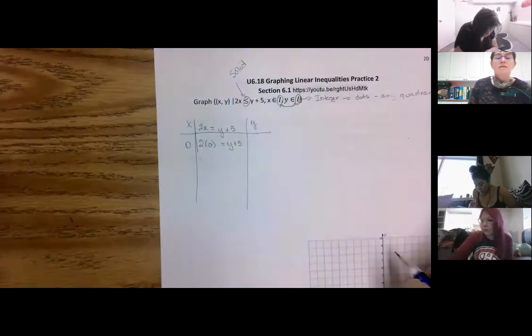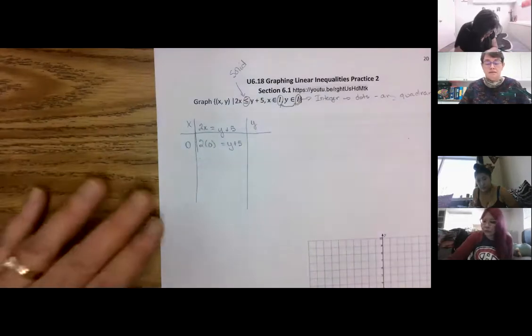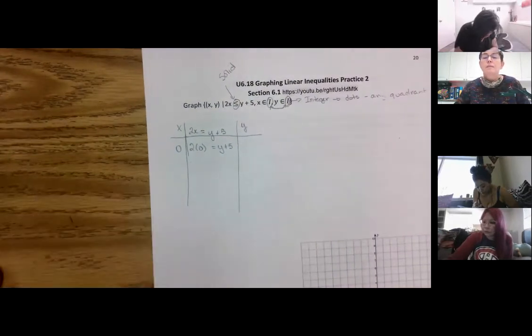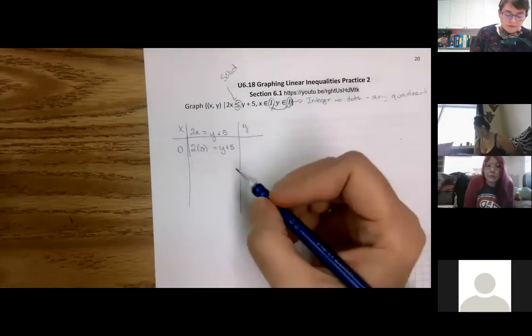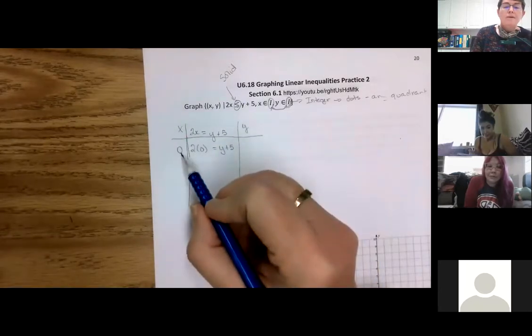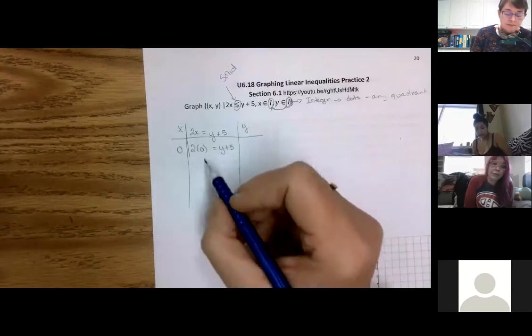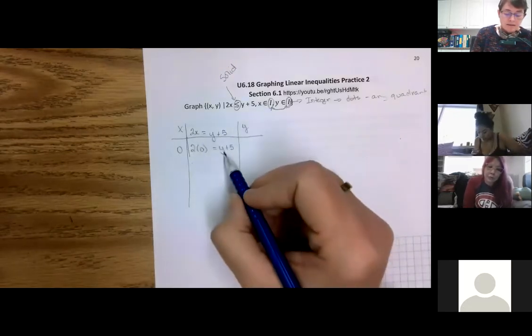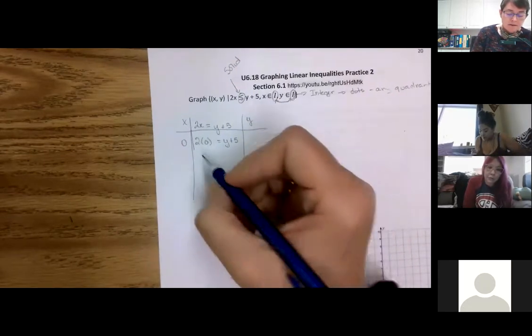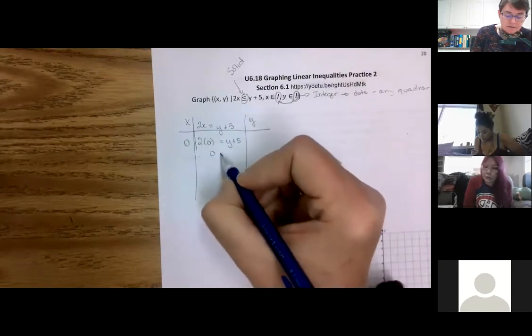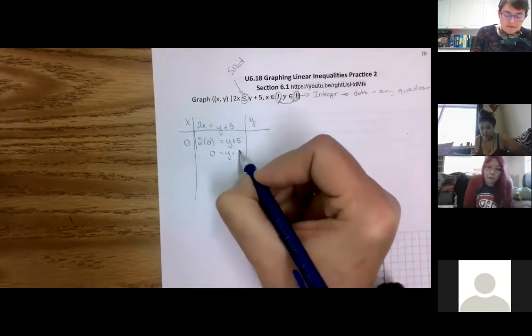That stuff, you're going to do that. So you pick whatever number you want for X. I'm lazy, I usually use 0, 1, 2. And then you put it in where the X is, and you're going to solve for Y. So 2 times 0 is 0, is equal to Y plus 5.